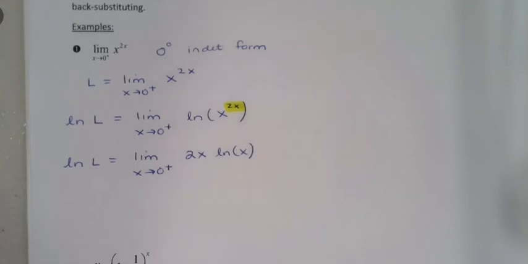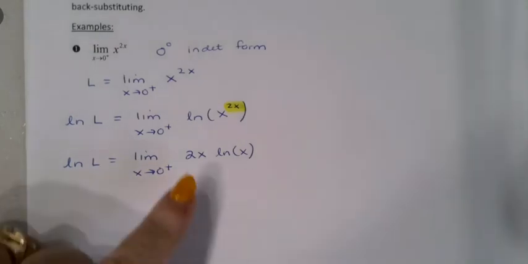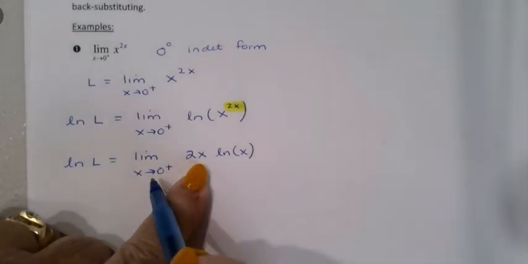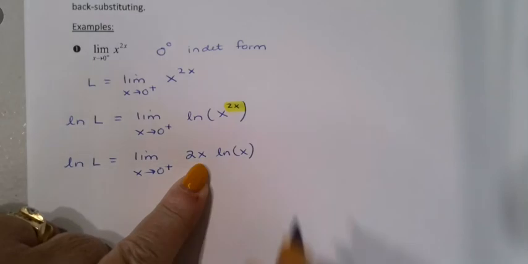So what I've accomplished so far is I no longer have an exponential at all, so there's no way I could possibly have an exponential indeterminate form. However, fair warning, this is one of those out of the frying pan into the fire problems, because look what I do have. As x goes to 0, I have 2 times 0, or 0.